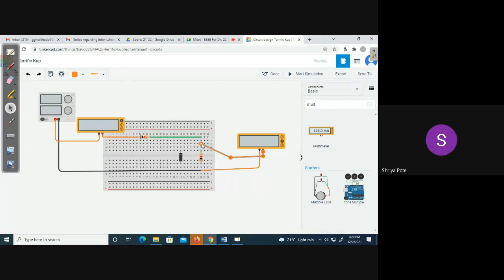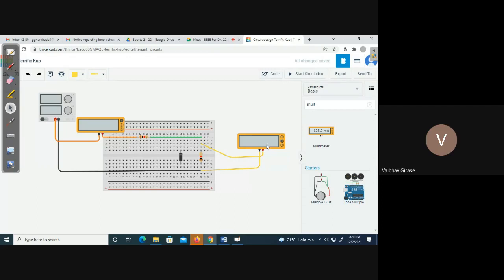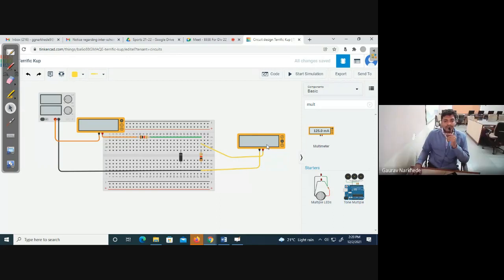Yes, sir. Okay, so I will just change the color of it to yellow, right, for voltage measurement. Is it okay? Can you see this? Yes, sir. So here you can measure voltage VZ.